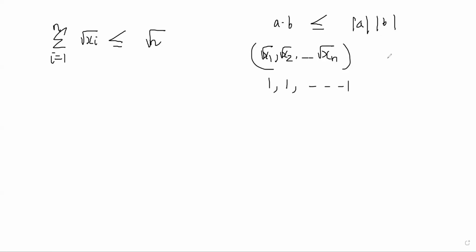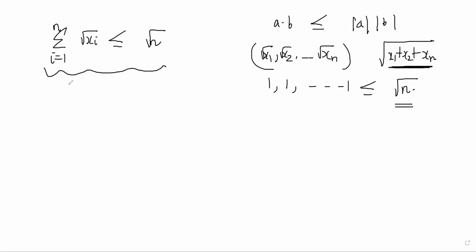So mod a would be what? Root over x1 plus x2 plus xn, and mod b will be root of n, right? But x1 plus x2 plus xn is equal to 1, so it is simply less than or equal to root n, right? This inequality is true. So this is the third result that we have.